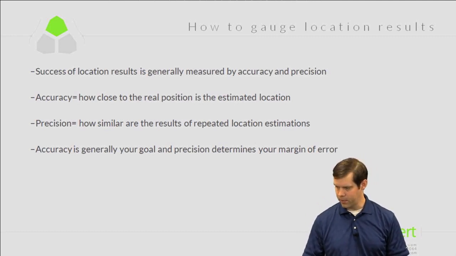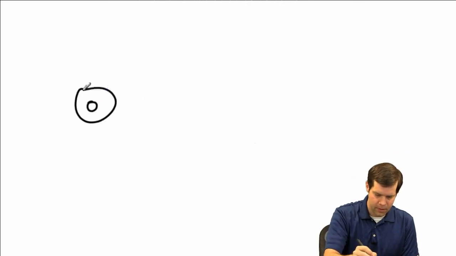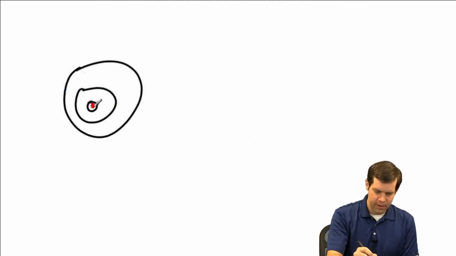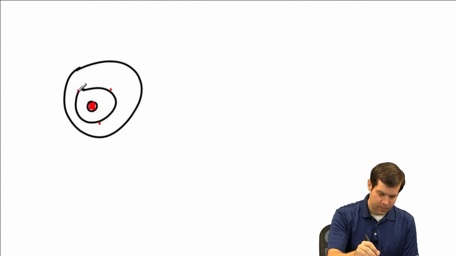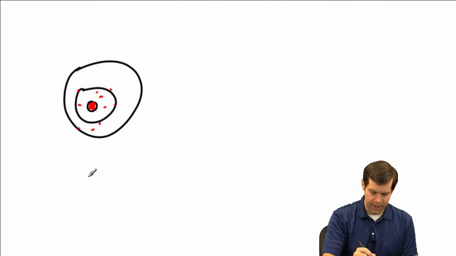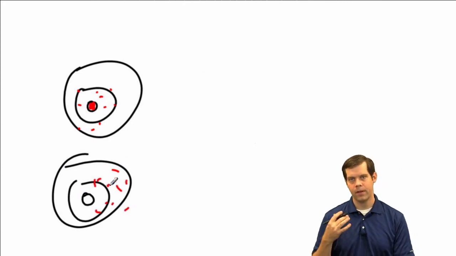If I draw that out, a visual representation might be helpful. Think of a little target with different rings that get bigger. Accuracy is how close I am to that center target. If all my shots are pretty much surrounding it, I'm pretty accurate. But if my target is here and all my shots are spread over to the side, that's not accurate.